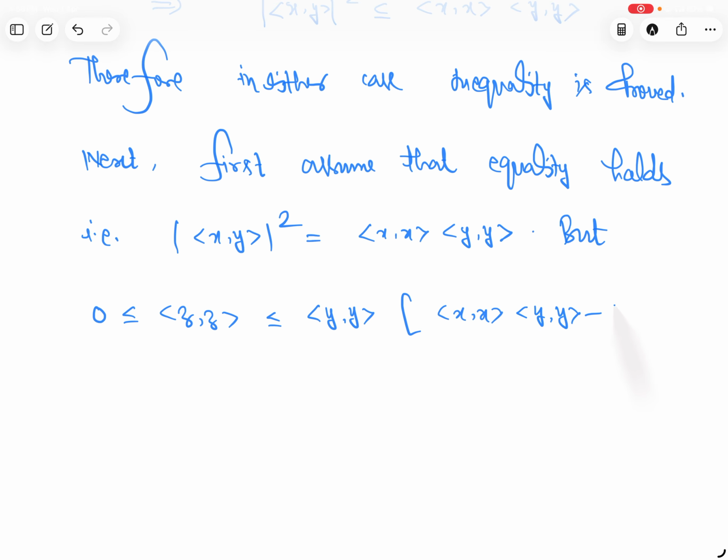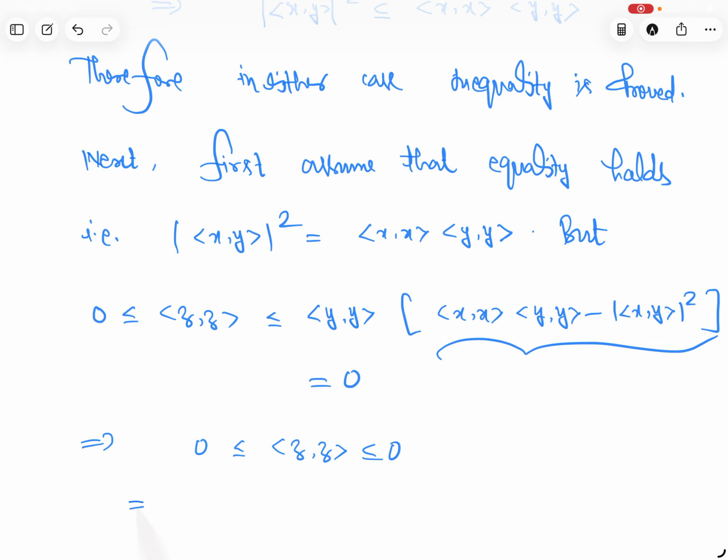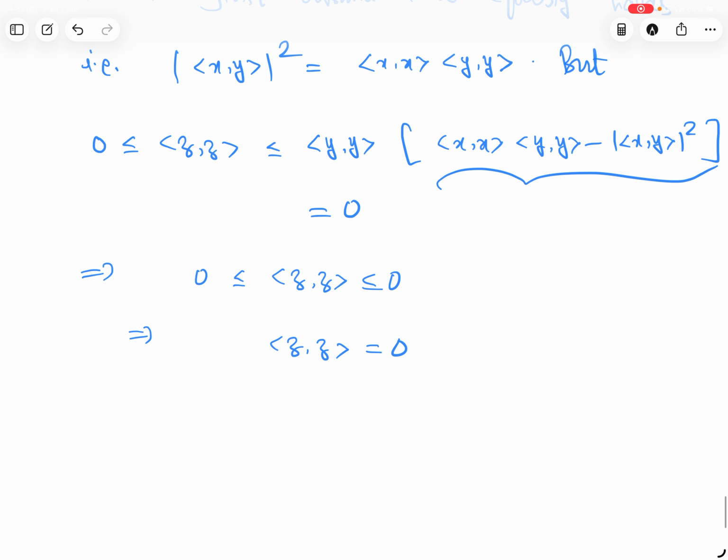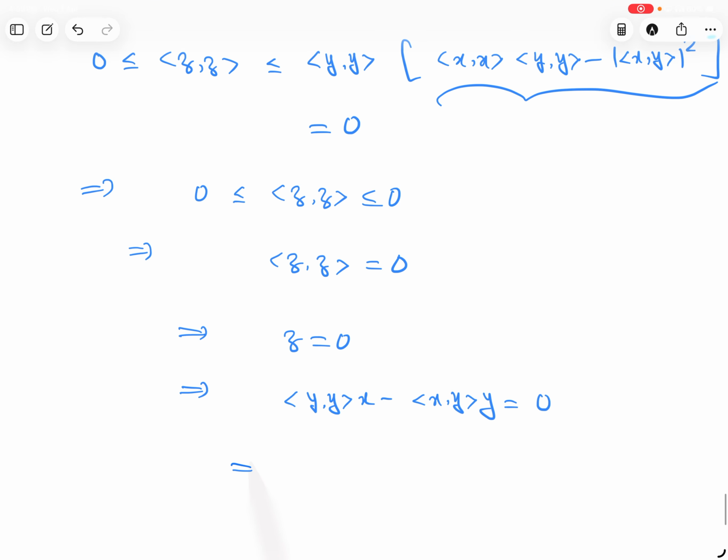What was our choice for z? It was the inner product of y with y times x minus the inner product of x with y times y. So this implies that x, y is linearly dependent. But there are two possibilities. If y is 0, we know that if a set contains the 0 element, it is already dependent. If it is non-zero, we can divide, we can express one element in terms of the other. That means dependent.